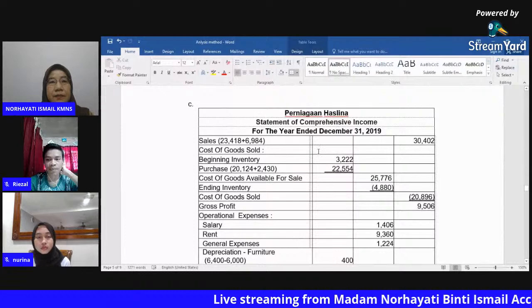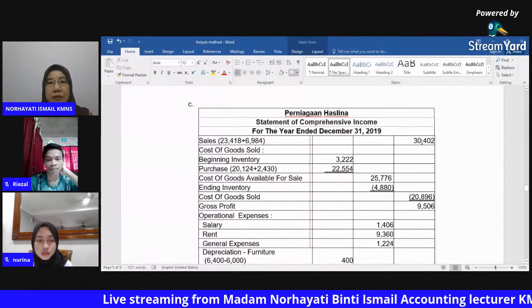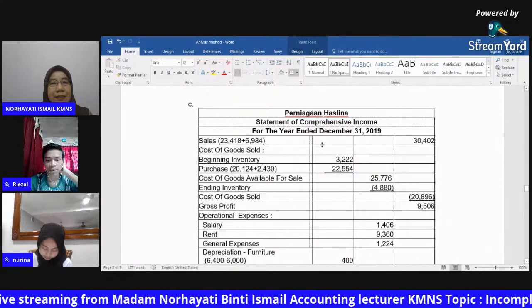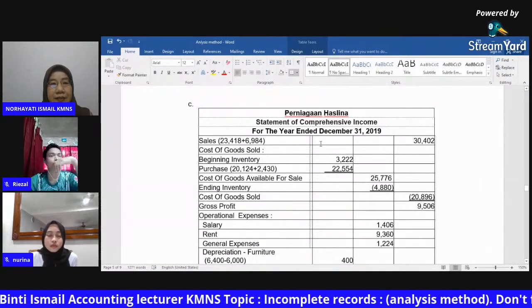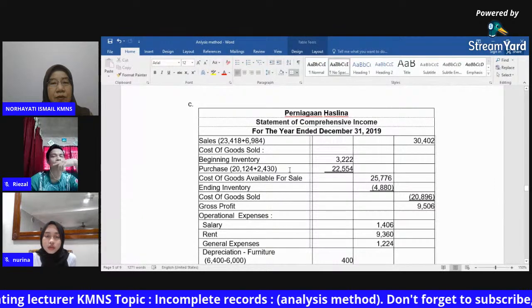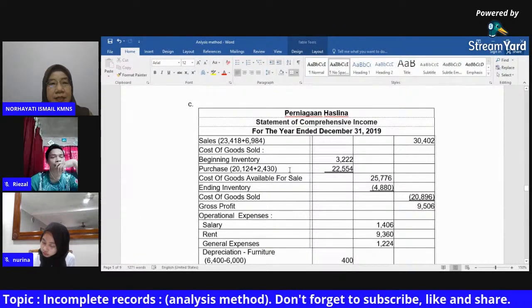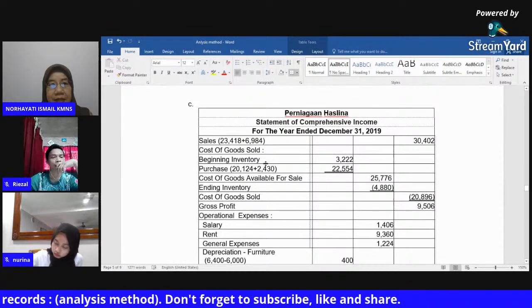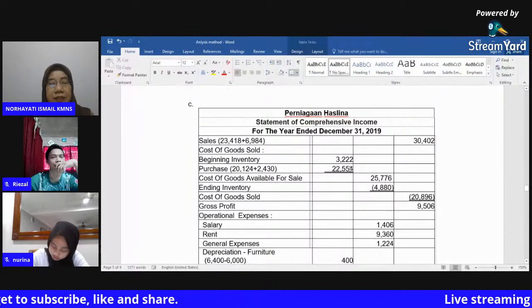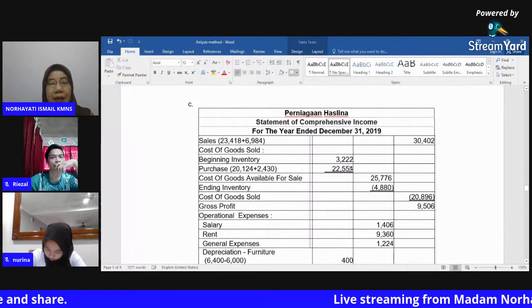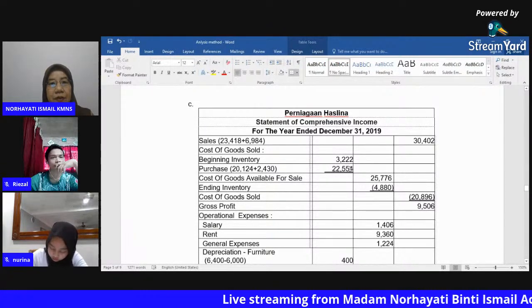Sales 30,402 less cost of goods sold. We start with the beginning inventory. For purchase, there is no purchase discount, so we just get the amount directly: purchase on credit plus cash purchase. The total is 22,554.